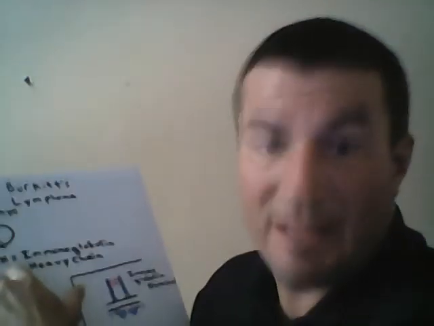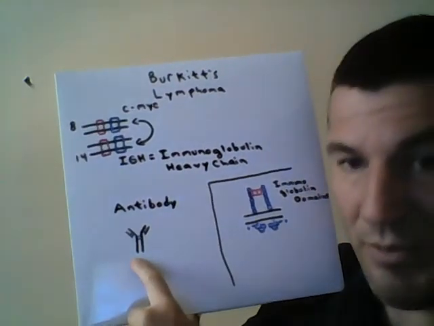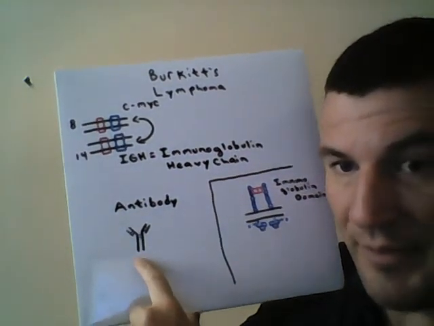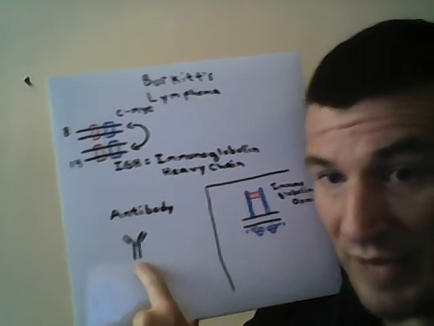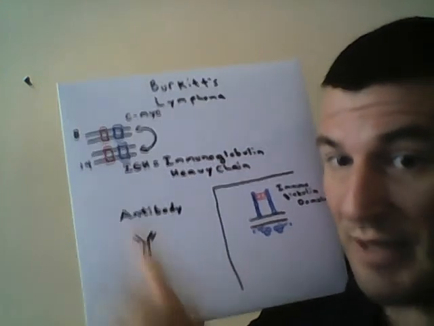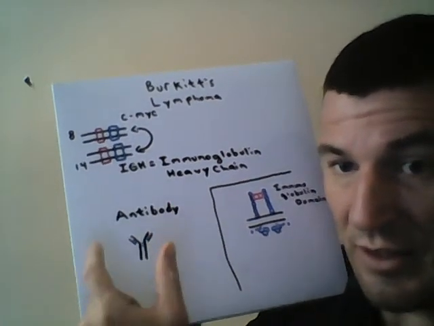And one of the jobs of the B cells is to make the antibodies, which are made up of immunoglobulin. And this is for the heavy chain. The heavy chain down here in the antibody, if you see this V shape, the big V right there, that's the heavy chain. So that's what that's making right there to make the antibodies, to bind to the antigens.